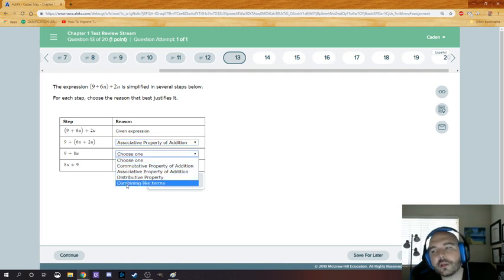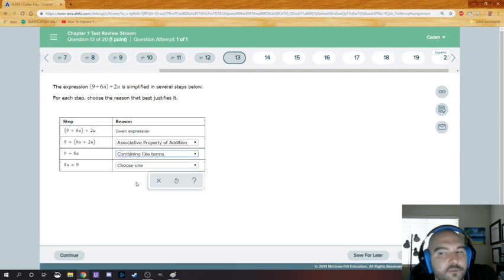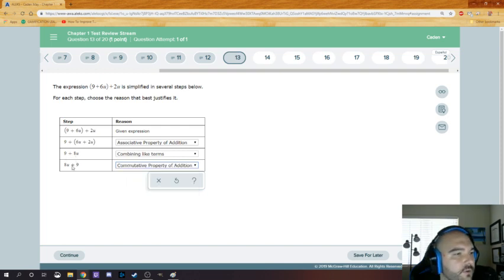Now, when we were in class, we were calling it the substitution property, which I think is a better way to call it, but combining like terms is fair enough. They combined 6u and 2u, and that's combining like terms, which is a fair way to answer it as well. And then they reordered it, which is the commutative property of addition, which says if it's written in an order, you can switch the order around, physically moving 8u in front of the 9. That's okay to do. Now again, you're going to get a problem with a variety of stuff, and you got to answer it the way that makes sense, you know?